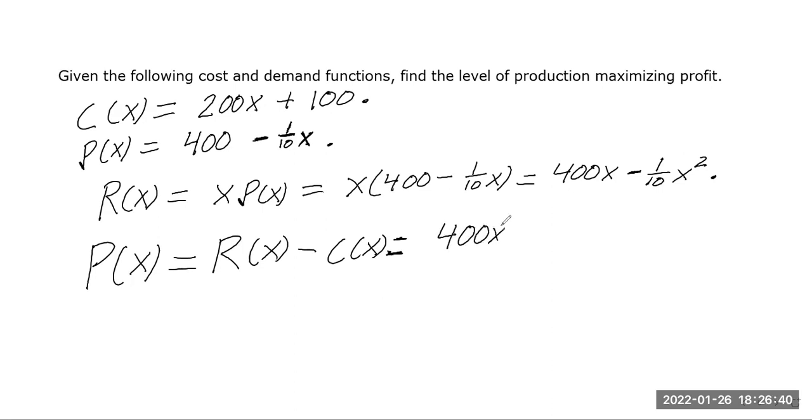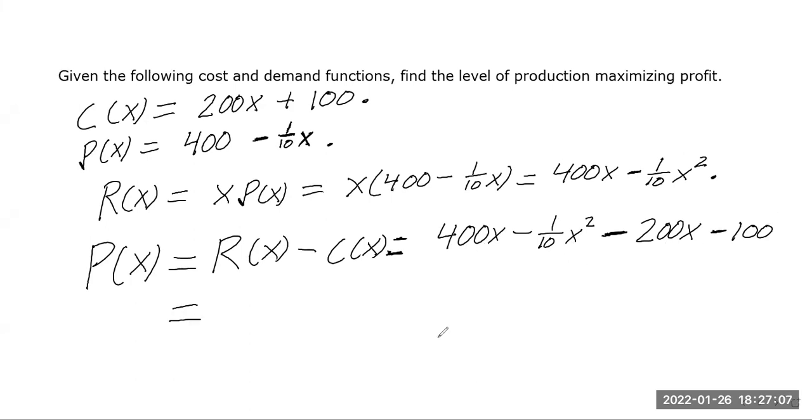So for R, I get a 400x minus a 1 over 10 x squared. Then for our costs, remember, I'm subtracting out, so I'm going to be subtracting out this 200x, and I'm going to be subtracting out that 100.